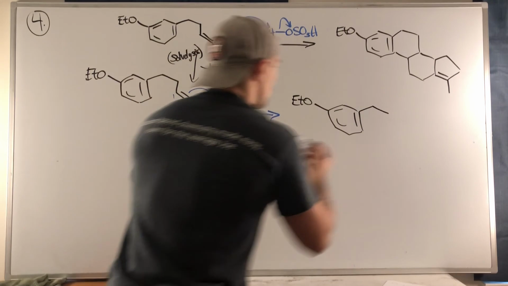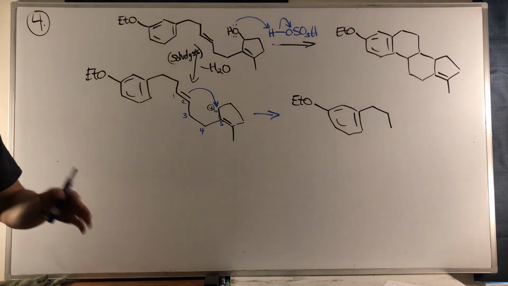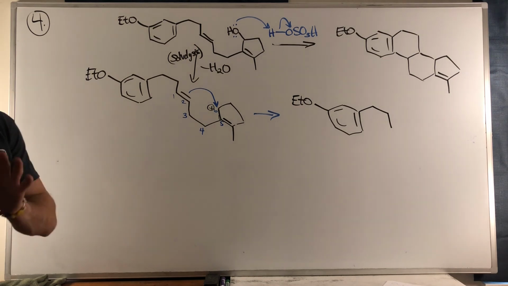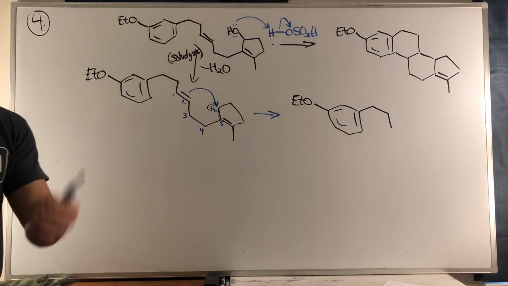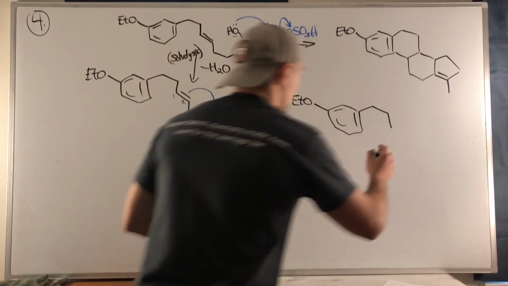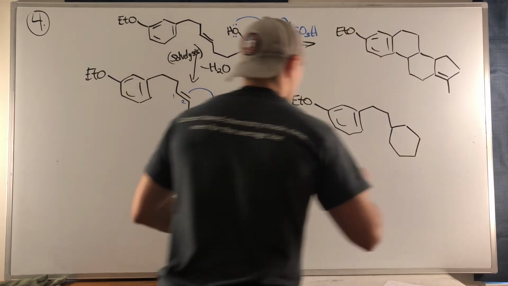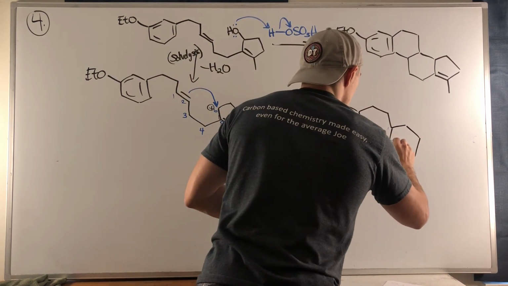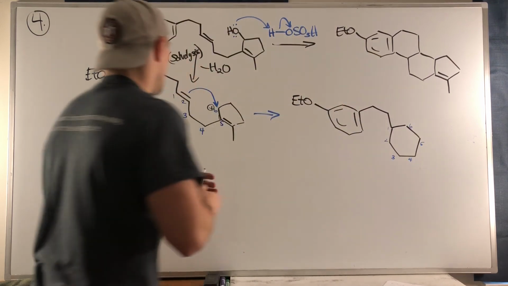I'm going to draw this line down, and this will be the start of my new 6-membered ring. I'm not promising this is going to look pretty, but I promise everyone will be hooked up and attached correctly. So let me just draw a 6-membered ring, and I'll number 1, 2, 3, 4, 5, and 6.